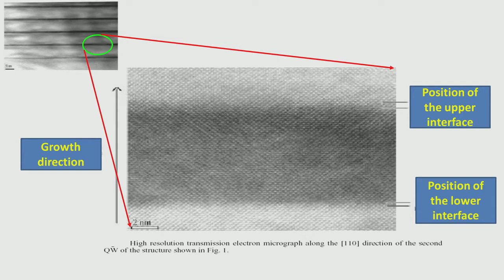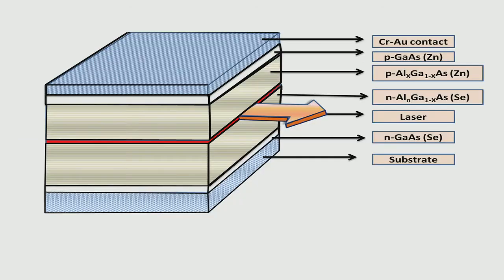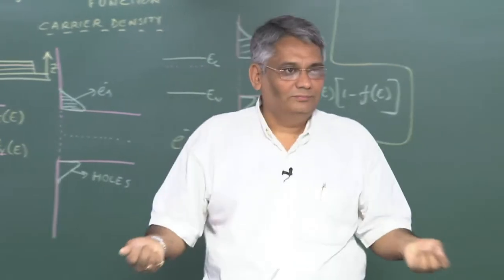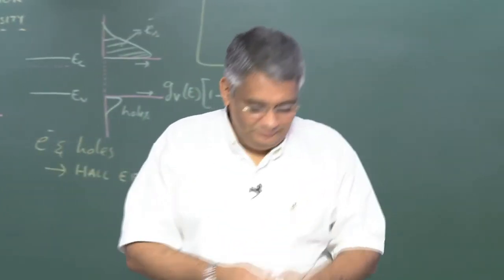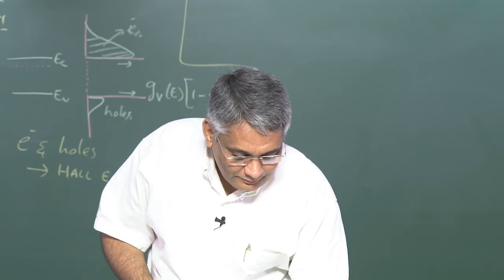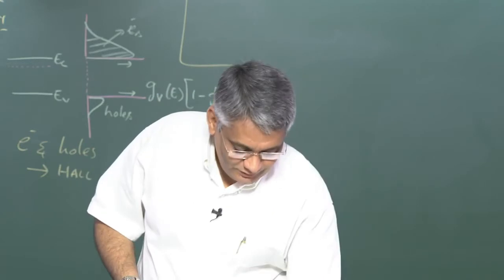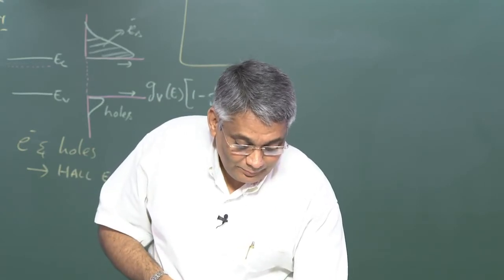Okay. So again, where do we use such interfaces? Now you see this is a complicated multi-layer structure of a laser. Right. Now I have here a p-type semiconductor and an n-type semiconductor and the intermediate layer, exactly the kind of structure that I have shown in the form of a sketch in the previous slide.